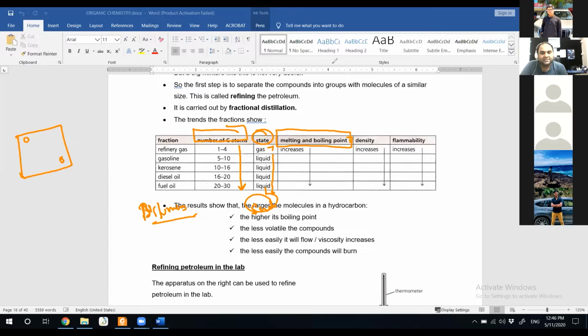Now, when it changes to liquid, you have more regularly arranged atoms. And then if you have a solid, they're closely packed, right?